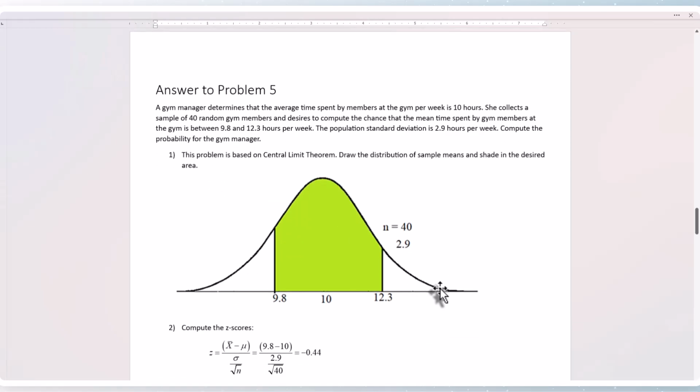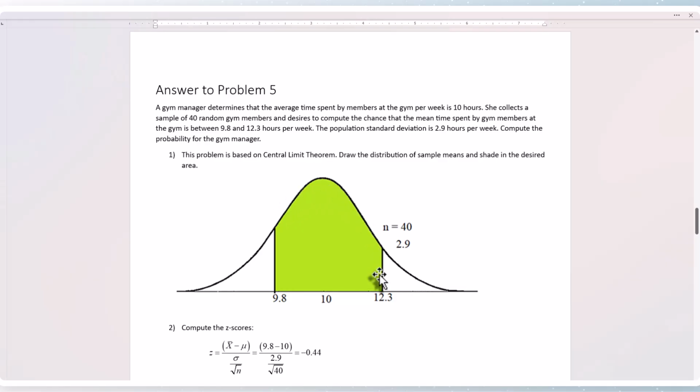Compute the following area. So once again, it's a central limit theorem. Sample size is 40. Standard deviation is 2.9. The average is 10, so that goes in the middle. And we're looking for the area between 9.8 and 12.3. So this is the area we're searching for.